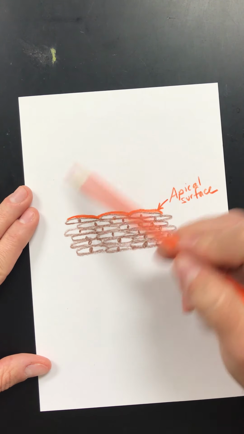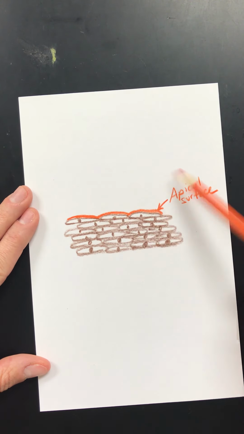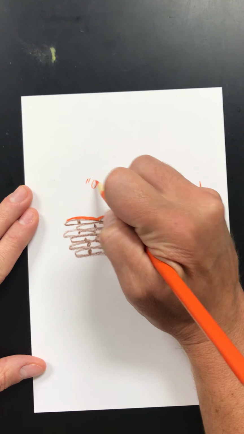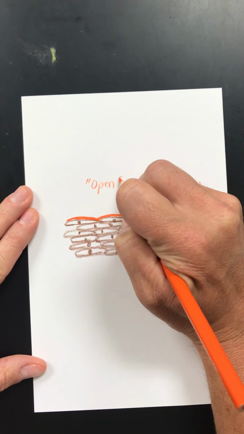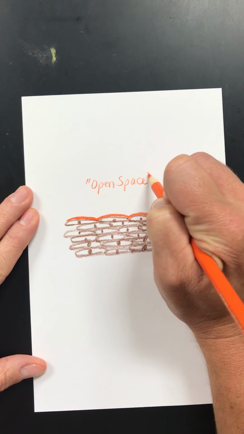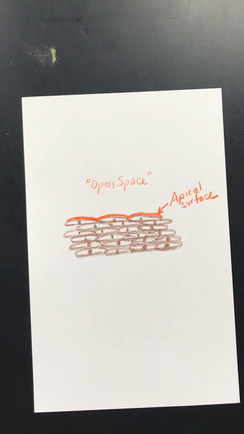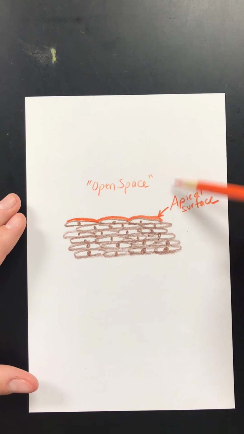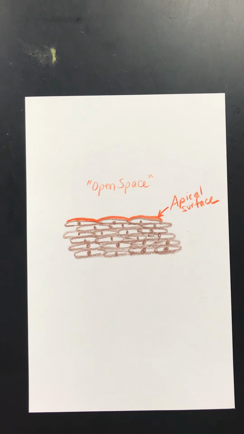And so all of this white area is considered the open space. So that could be literally the air, if we're talking about the surface of your skin, or it could be the open space inside your esophagus or inside your blood vessels.